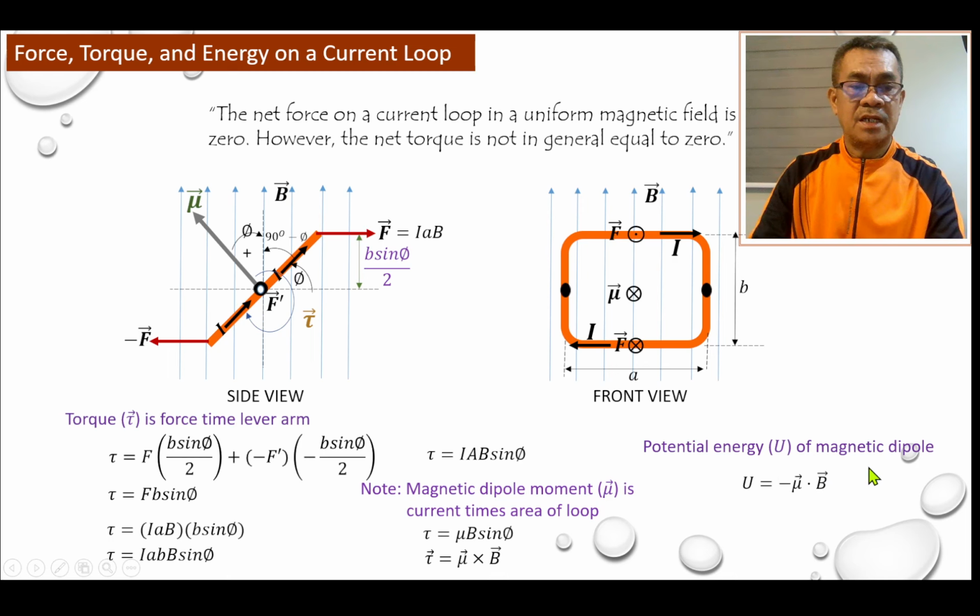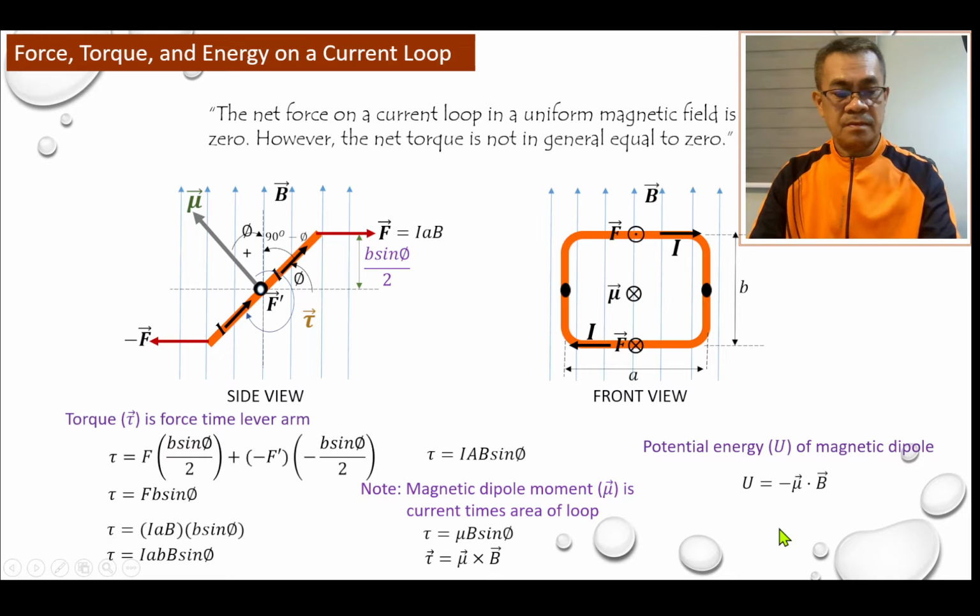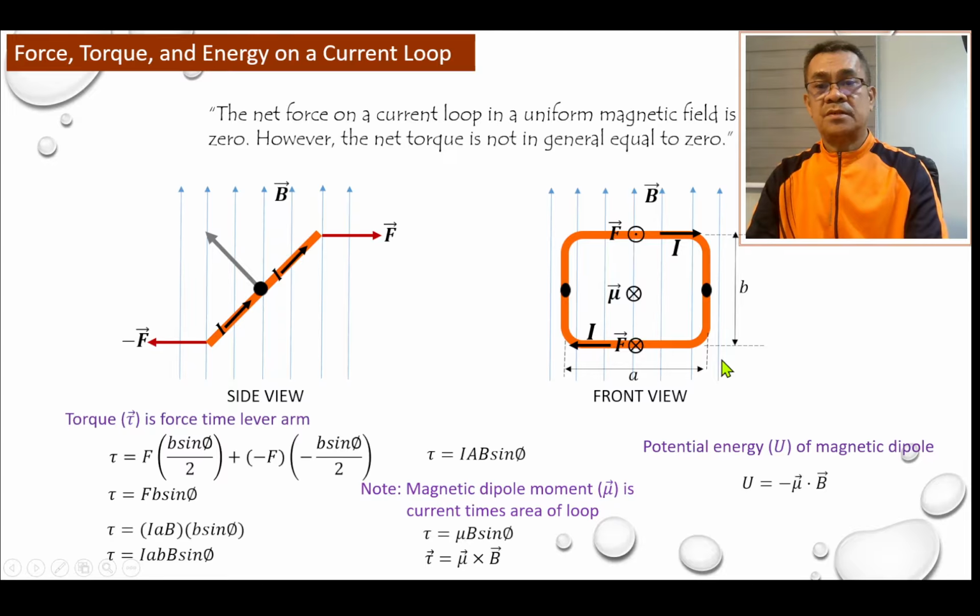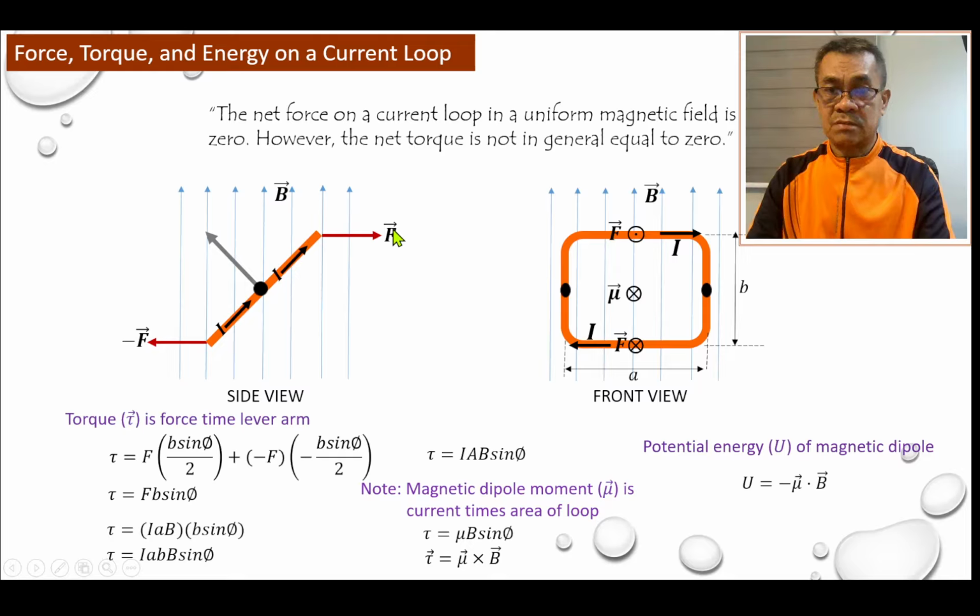But for the magnetic dipole moment, the potential energy is negative mu dot B. Okay, that's it.